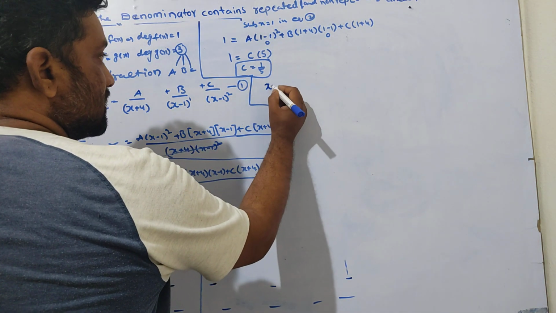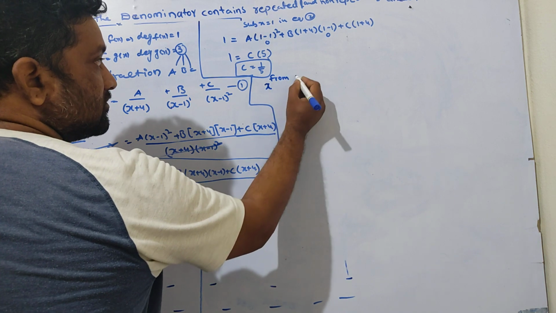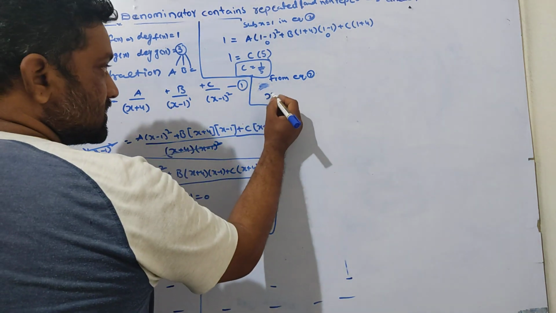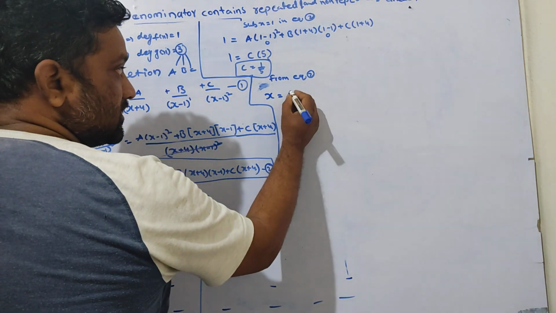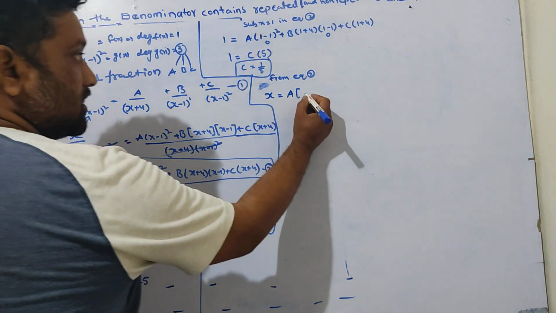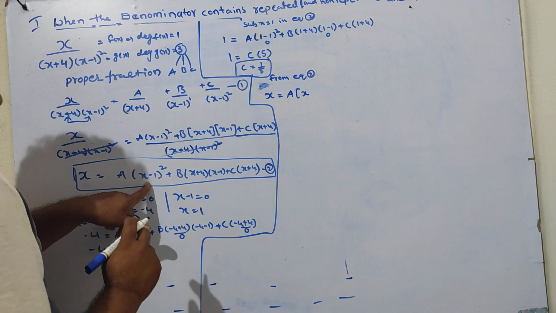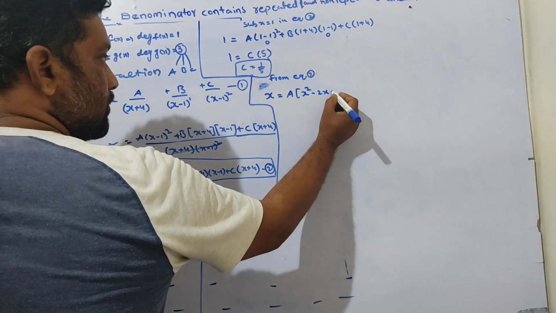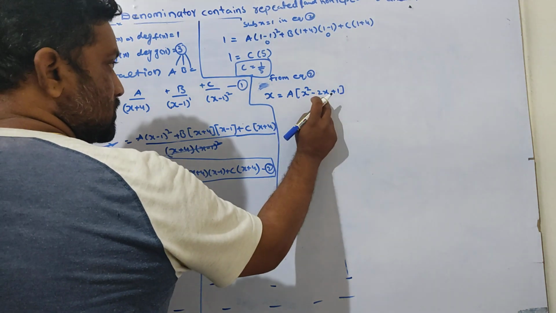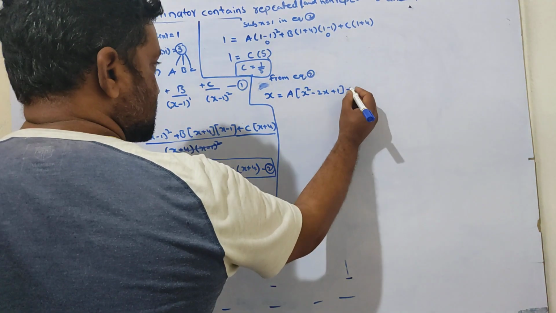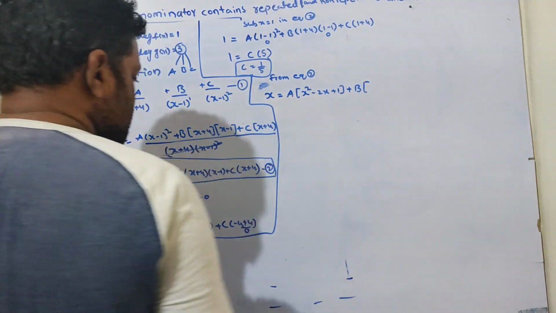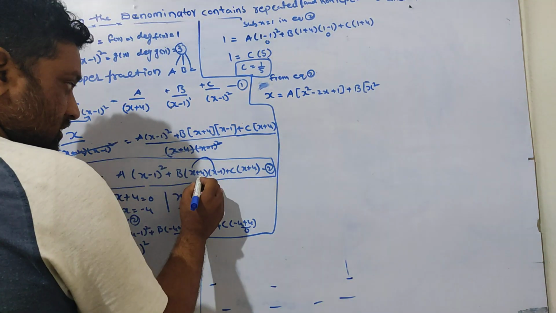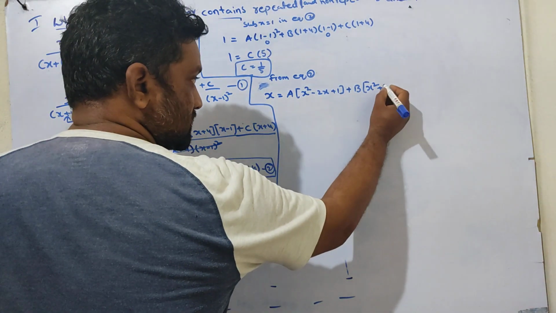Now taking equation 2, what we have here? On the RHS side, a of x minus 1 whole square, that is equal to a of x square minus 2x plus 1, plus b of x into x, x square, x into 4, plus 4x.